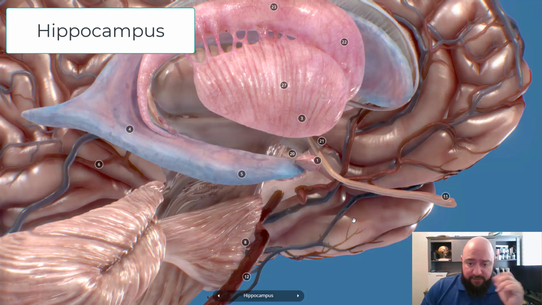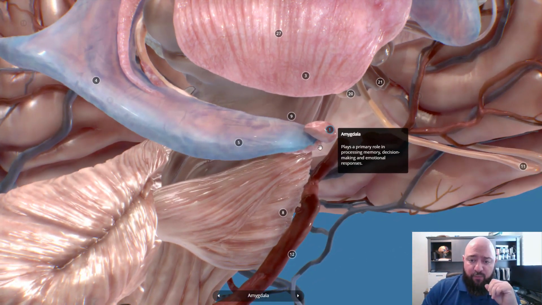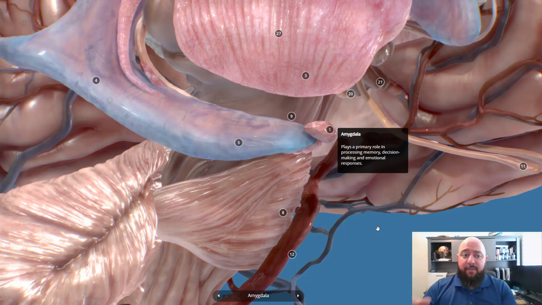Now, one thing I just want to add: you can see that the amygdala, this one region, is connected to the hippocampus. And so one other thing that the amygdala does is it attaches emotions to our memories. Depending on whatever that experience was like for you, the amygdala is going to take whatever emotion you were feeling at the time and attach it to that memory, so that anytime you remember that, you're going to feel that same kind of emotion.